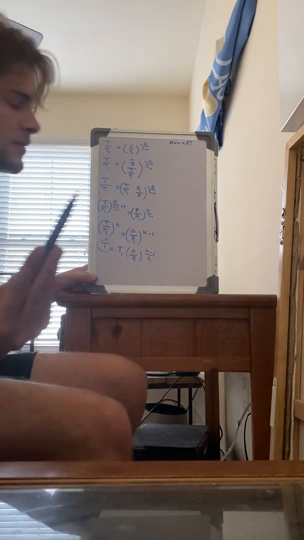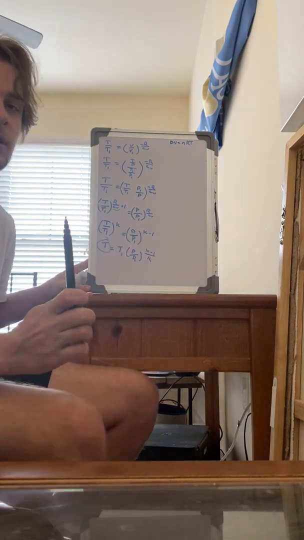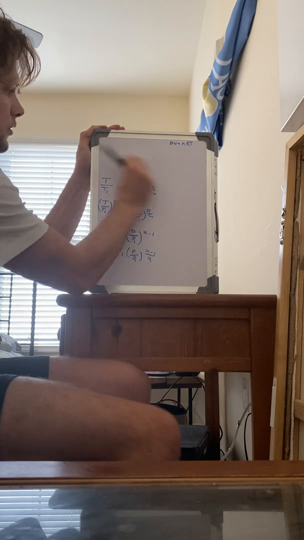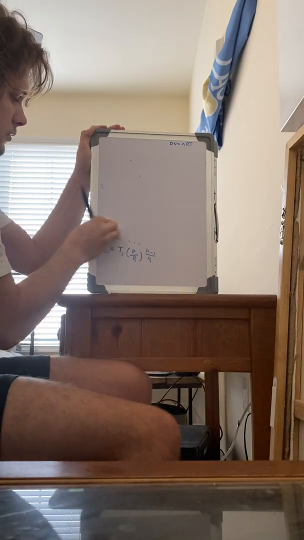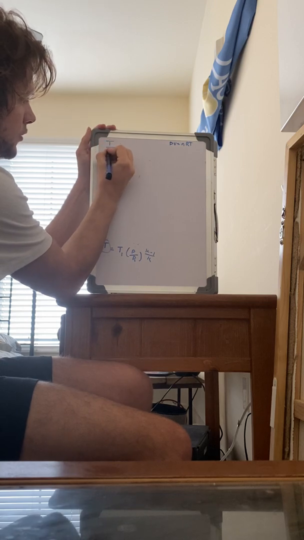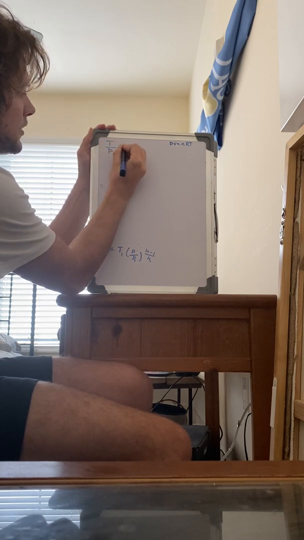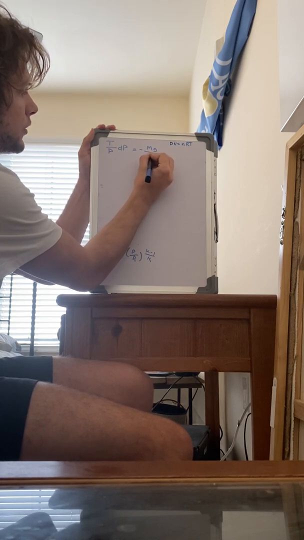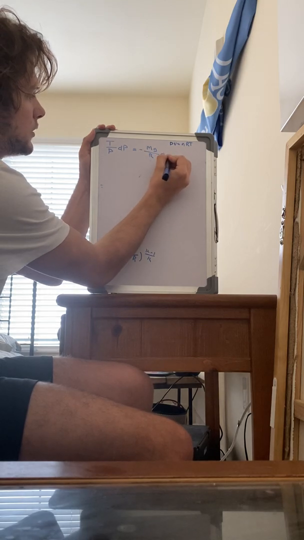So I can plug it back into our original equation and I can get the integral of both sides. So our original equation of T over P dP equals negative mg over r dz.